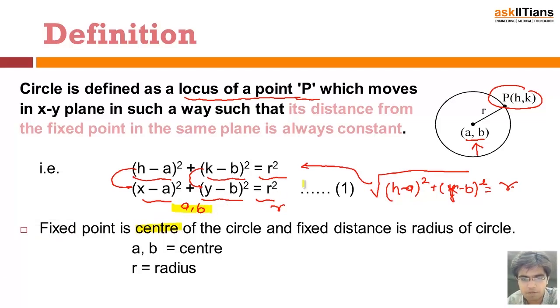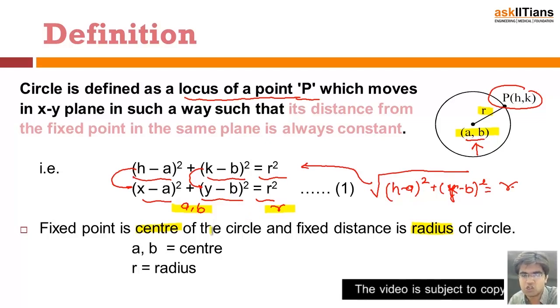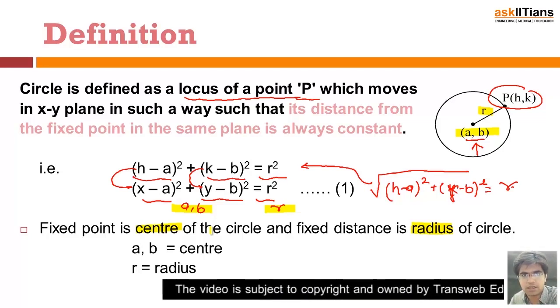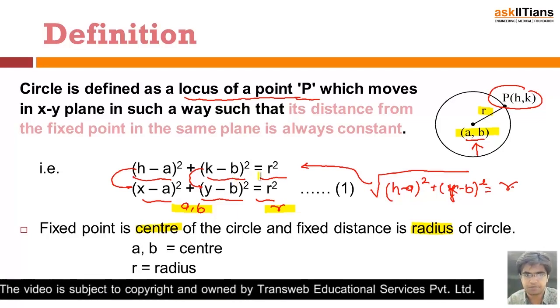That means your a, b, this fixed point, is the center, and your fixed distance r is the radius of the circle. So again, the most important parameters in the equation of a circle, or in a circle in general, are the radius and the center. Let's move.